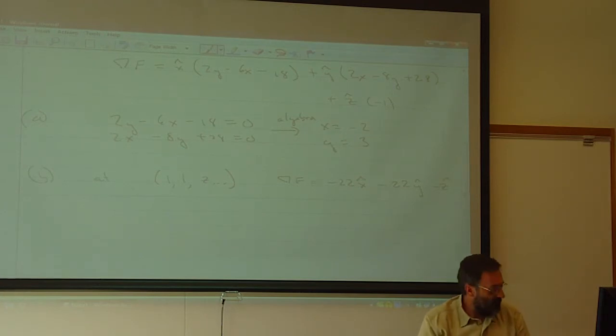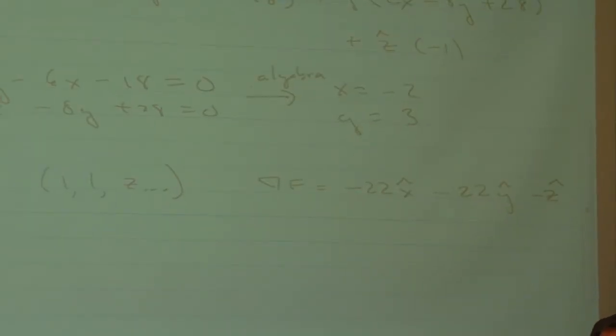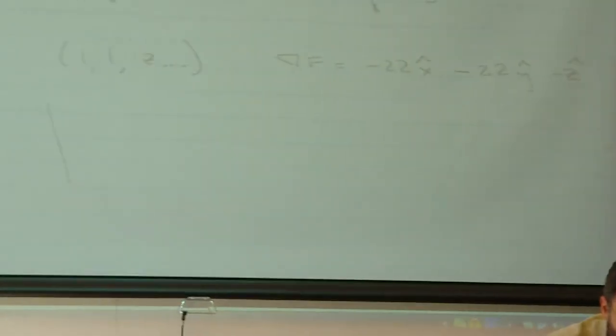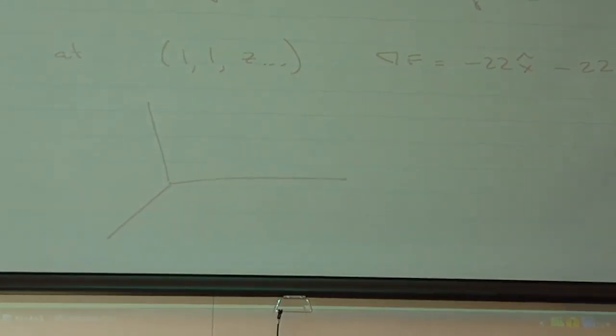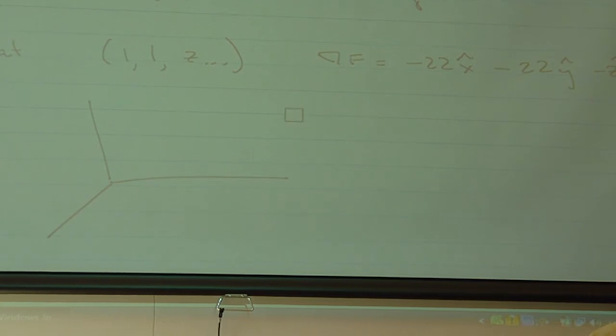So here's my gradient vector, and I want to find, it says, the angle between a vector perpendicular to the hill and the z-axis. So here is the vector perpendicular to the hill, right? So I know the, okay, so del dot f, that's not right.